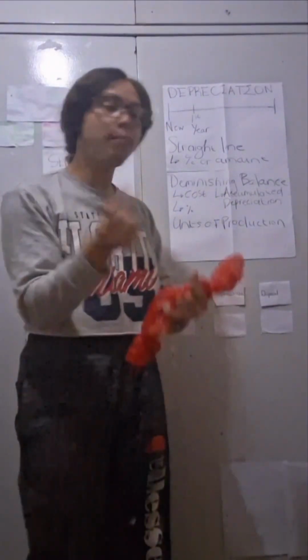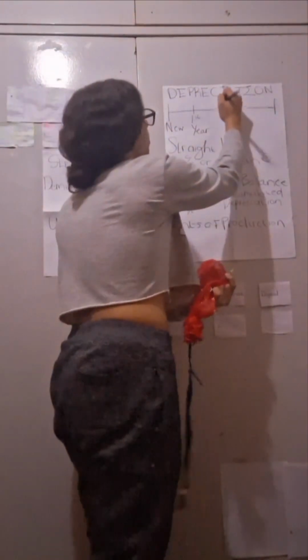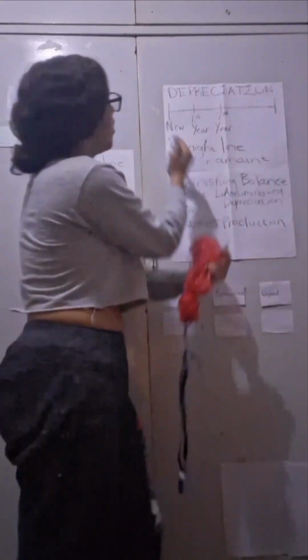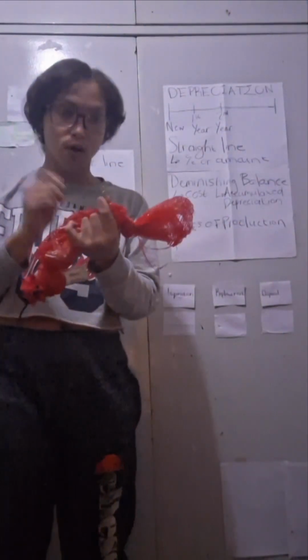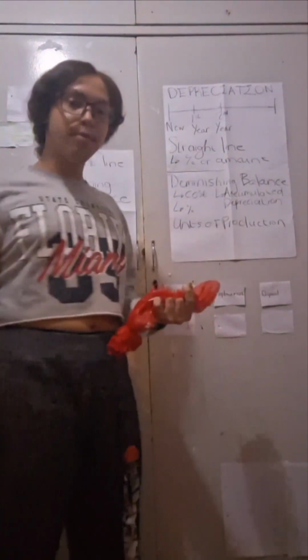So for this old component, we would have to calculate, say for instance, we used it for 2 years. So for these 2 years, we used this component, and now it has come to the end, it's broken, or we just have to replace it. That's when we do the replacement.